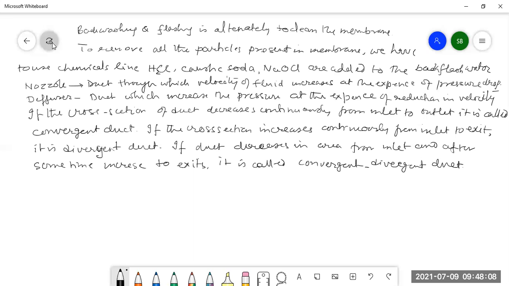And the cross-section which has the minimum duct area is called the throat.